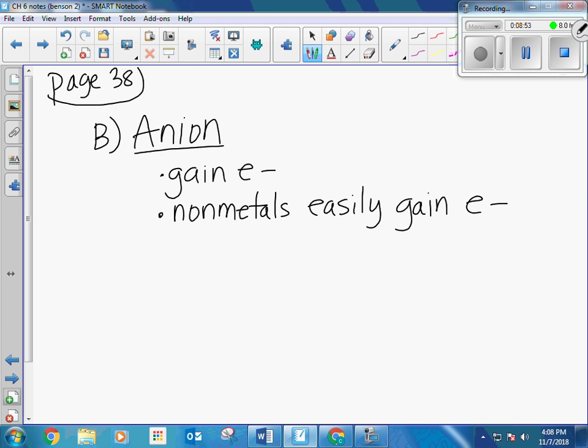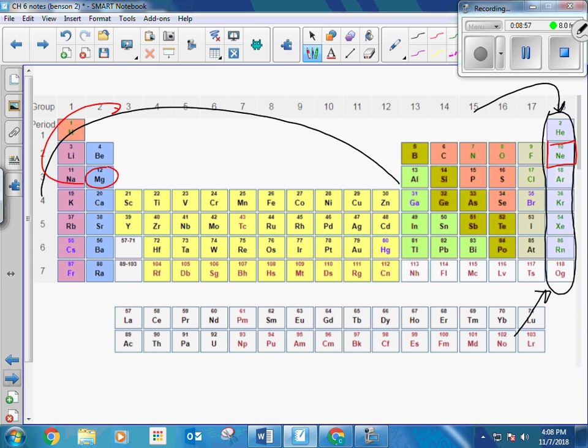They want to gain electrons to gain their stability, and nonmetals easily do that. Well, let's look at where they are. If I look on my periodic chart, over here are my nonmetals, right? And if I look at sulfur, it just needs to gain 1, 2 electrons to look like argon. Iodine, it's right here, it just needs to gain 1 to look like xenon. So you can see the ones on this side of the chart, all they need to do is gain some electrons to get over to the noble gases.